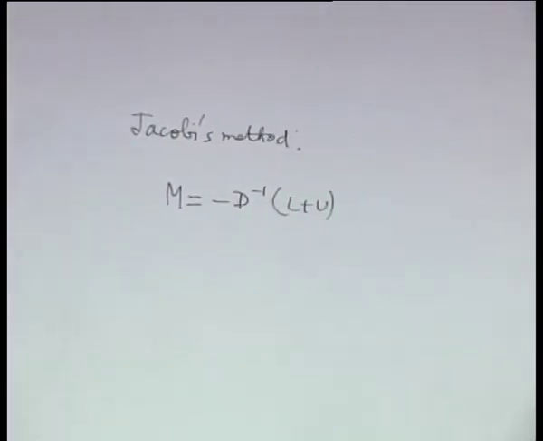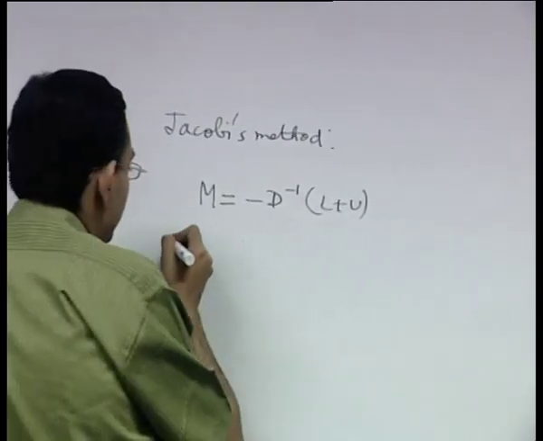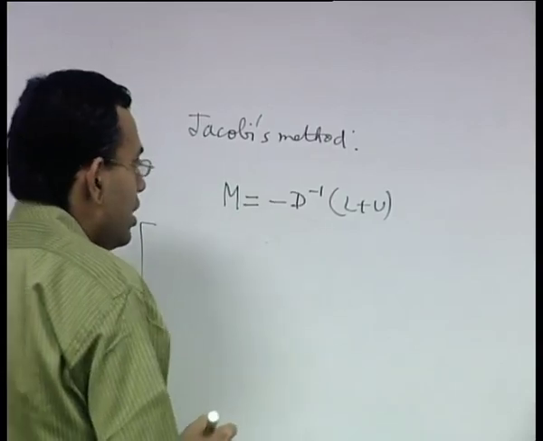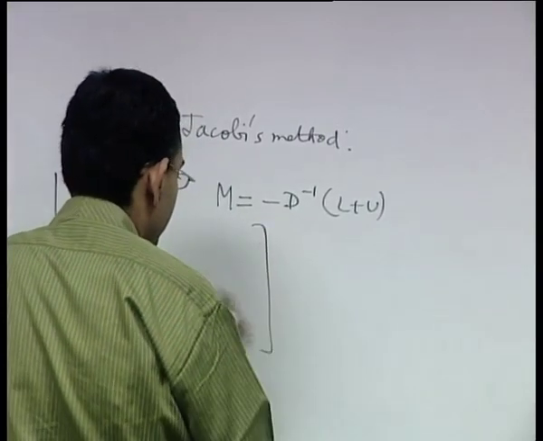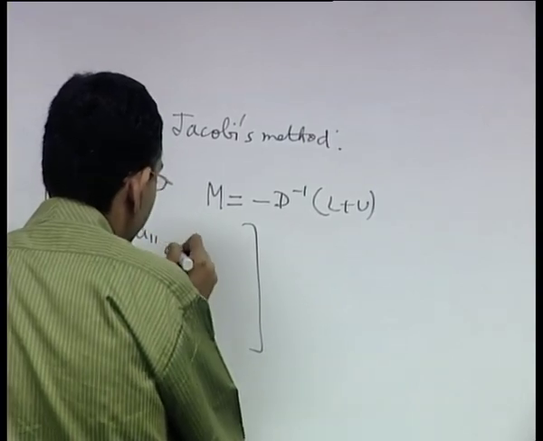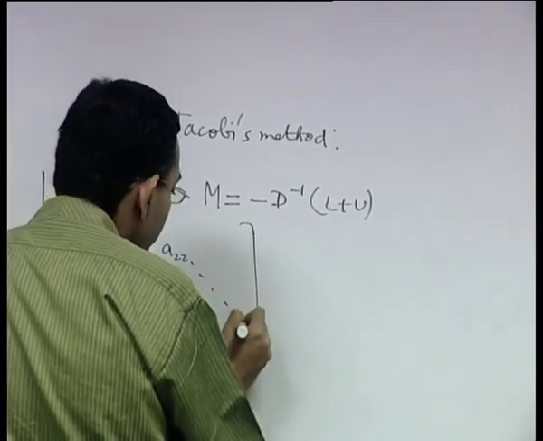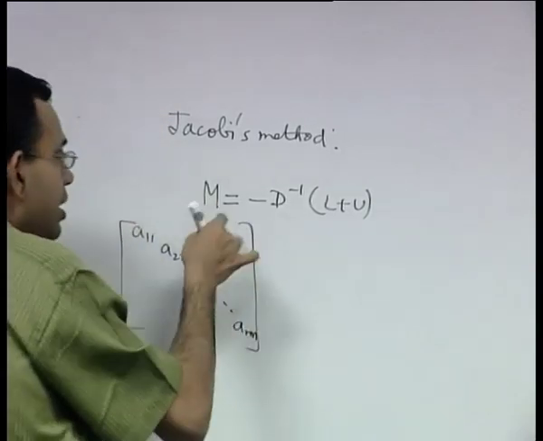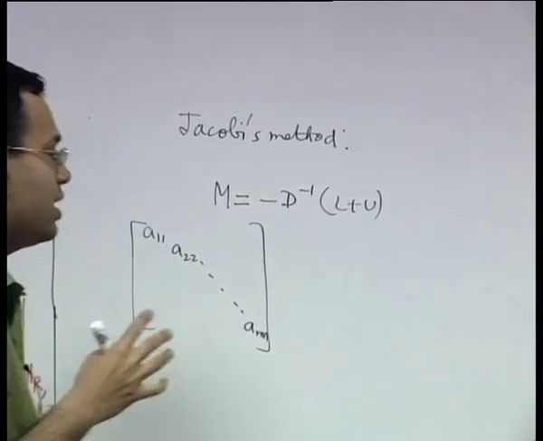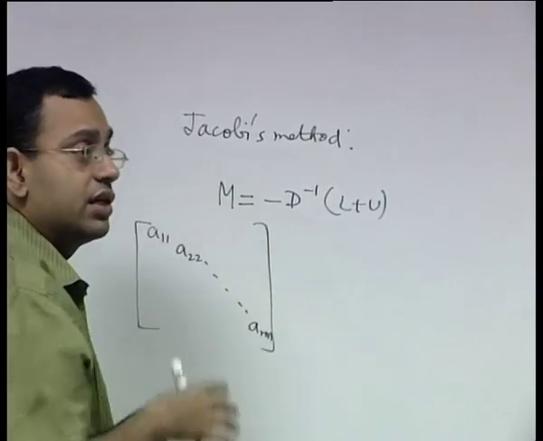Let us again write what the entries of L, D and U are. So, D is A11, A22 and so on. Eventually the matrix M is a derived matrix. The original matrix which was given to us was the coefficient matrix.